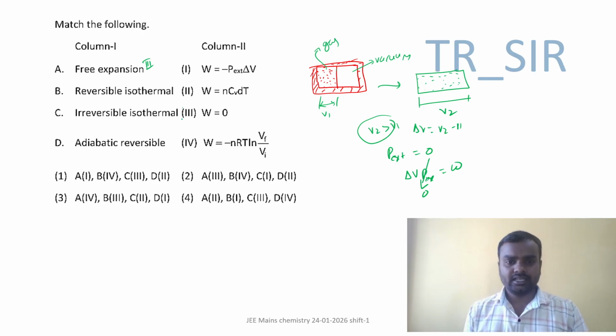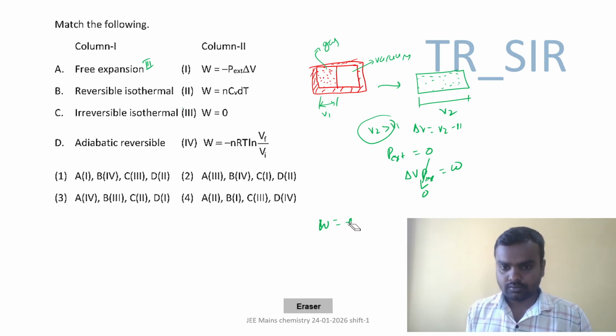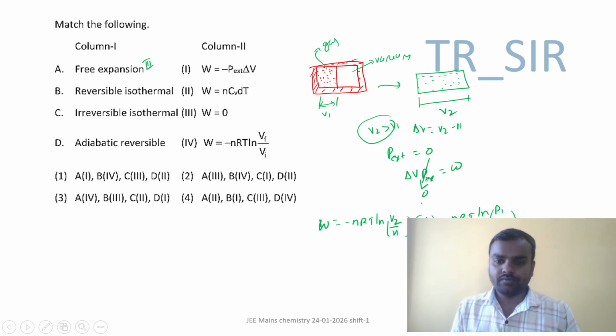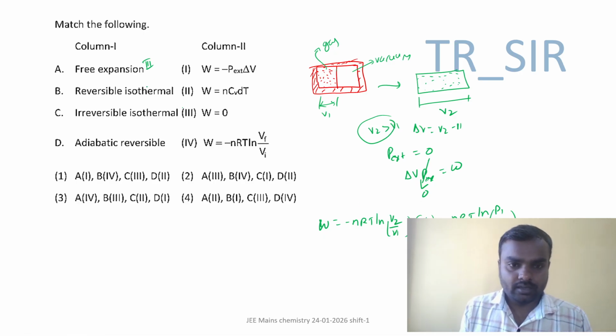Reversible isothermal expansion, direct formula you have: work done is equal to minus nRT ln V2 by V1, or we can also take minus nRT ln P1 by P2, the same in terms of pressure change instead of volume change. That means you will be having B4.